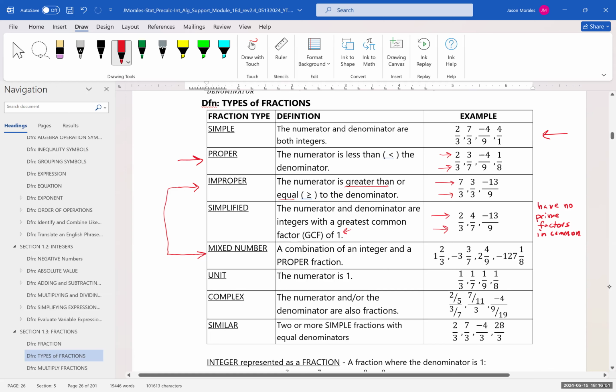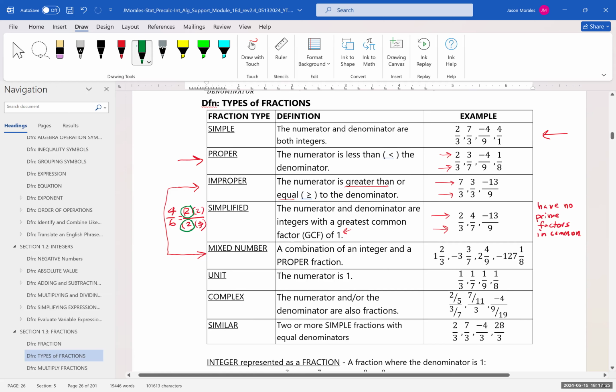For example, probably the simplest example would be if we had 4/6. Now 4/6 is a proper fraction, but it's not simplified. We could write 4 as 2 times 2, and we can write 6 as 2 times 3. So notice that 4 and 6 each have 2 as a factor.